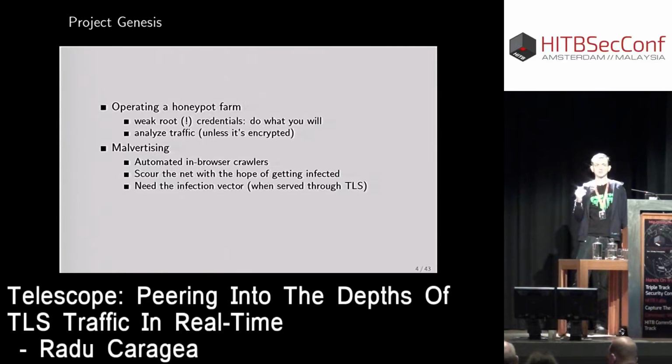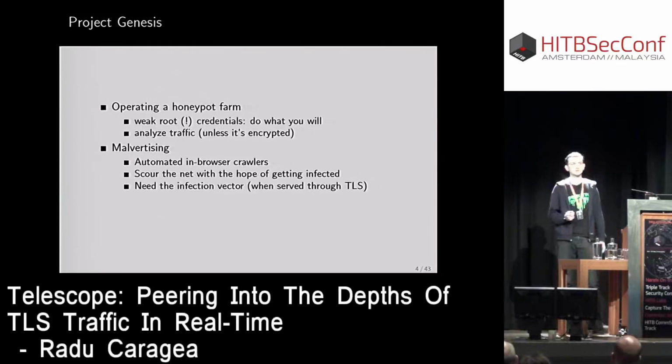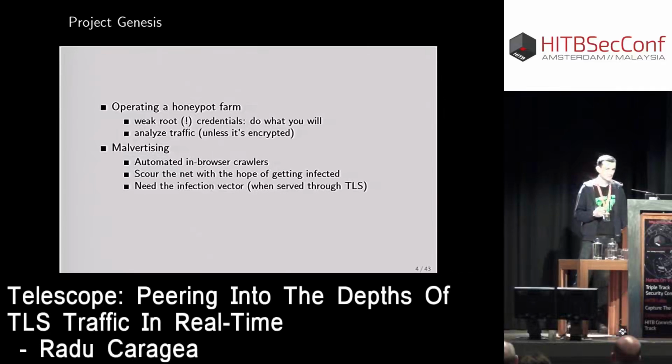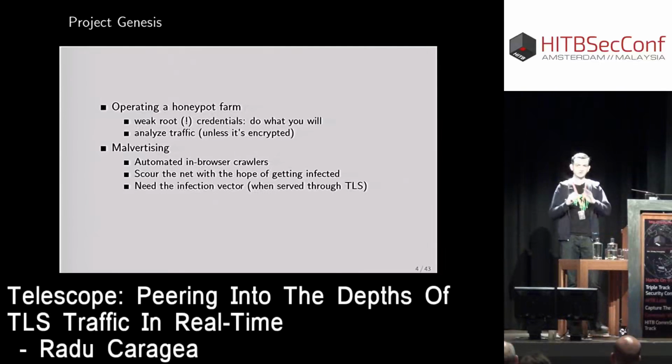So we set these root credentials very weak. But then how are we going to see what happens behind the scenes on that VM? Because lots of attackers just try and see if anything is modified in the VM. So we wanted to see what traffic they do. HTTP is okay. HTTP you can see from the hypervisor. But HTTPS is used nowadays. Why? Because all hackers have access to Let's Encrypt, right?